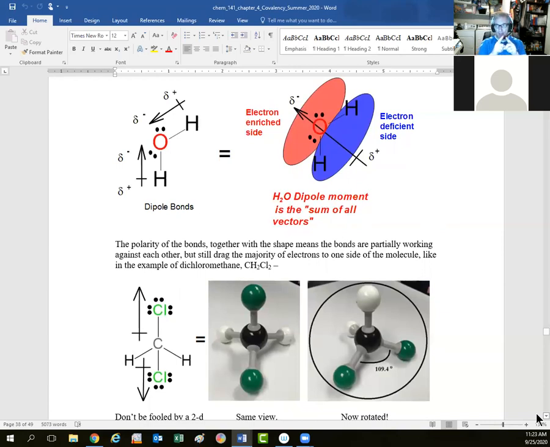Or like maybe people in a boat heading to opposite ends of the boat, if the electrons are moving to opposite sides of the molecule, they would cancel out each other's effect. And so we would get a molecule which has polar bonds, but it isn't a polar molecule because of that cancelling effect. Let's look at ones which have multiple polar bonds, which are still polar.